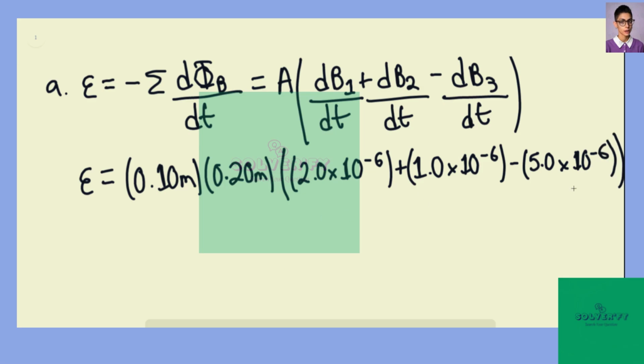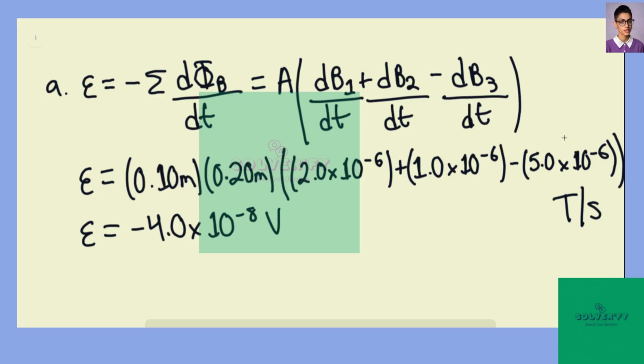And here the units would be teslas per second for this term. So we can say that the EMF is equal to negative 4.0 times 10 to the negative 8th volts. Essentially, the minus sign means that the effect is dominated by the changes in B sub 3.